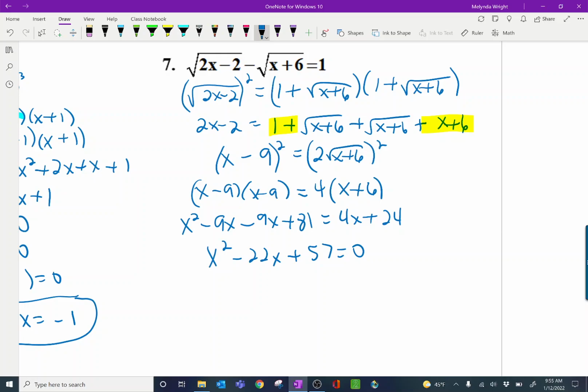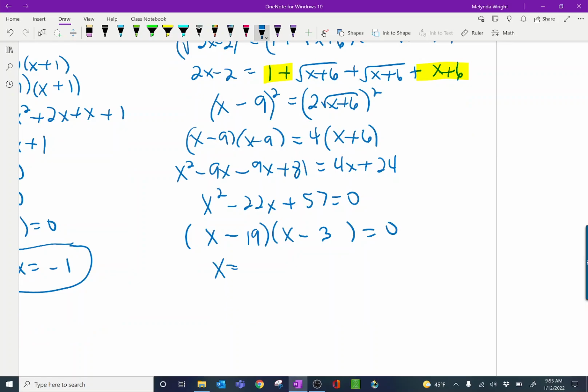But strangely enough, it does factor. Okay, the back sign is positive, so my signs are the same. They're both negative. And 19 times 3 is 57. And 19 plus 3 is 22, so we are good. So I have x is 19 and x is 3.